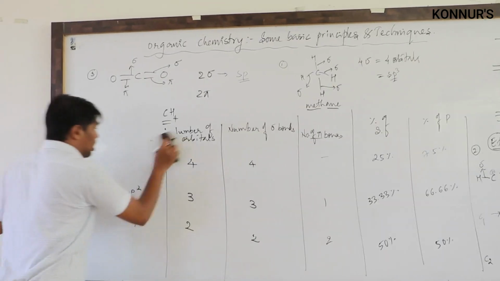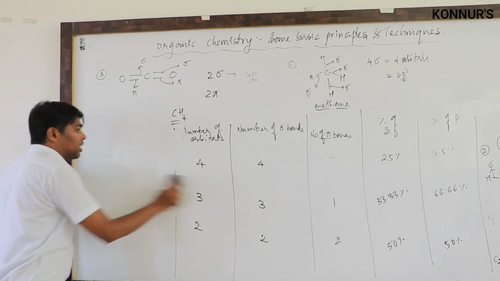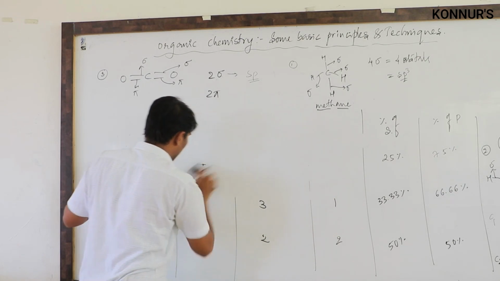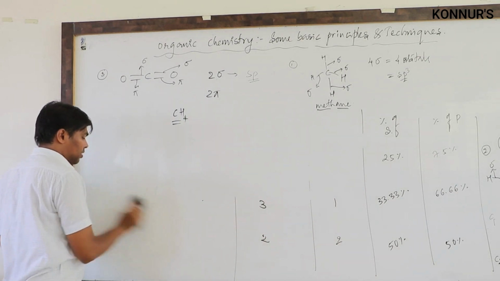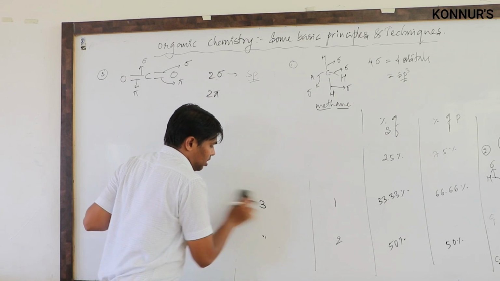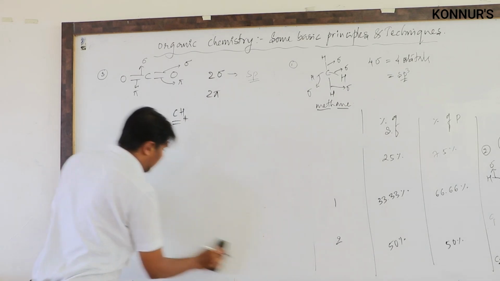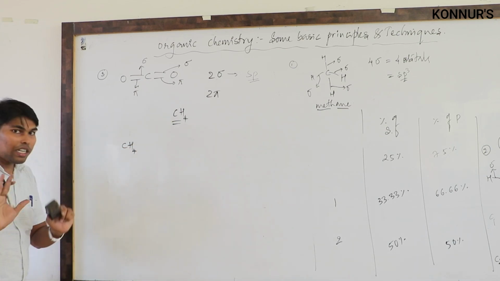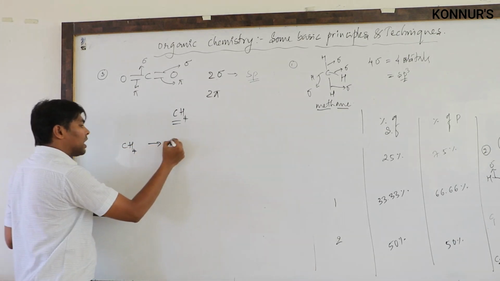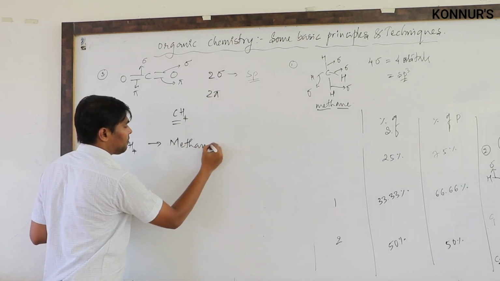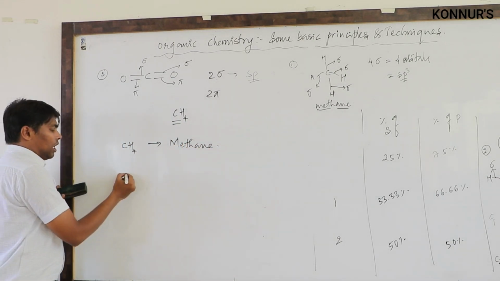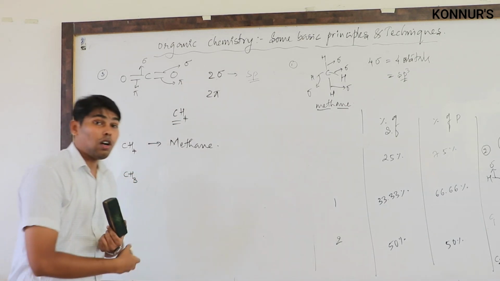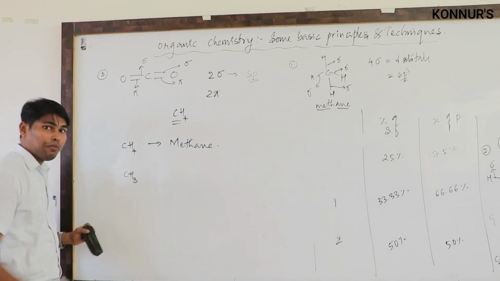Now here one more concept comes to mind: how to look into the attached groups, the substituents, where the carbon contains a number of hydrogens. CH4 is a molecule, not a substituent, and it is called methane. If there are 3 hydrogens, the carbon cannot have 3 bonds in a neutral form.